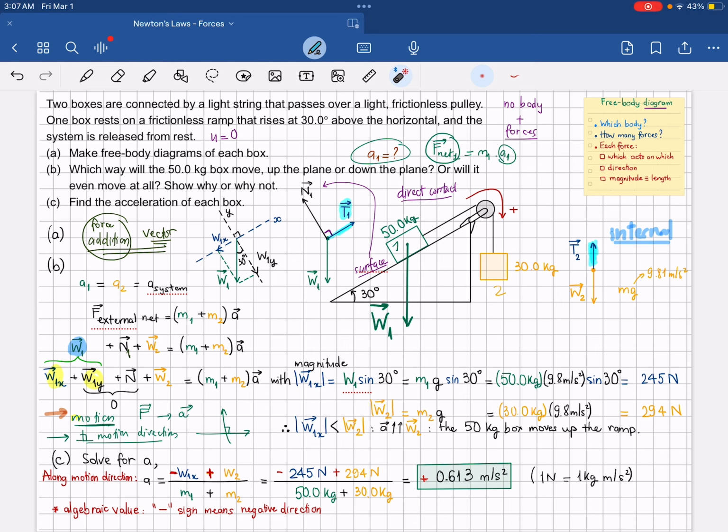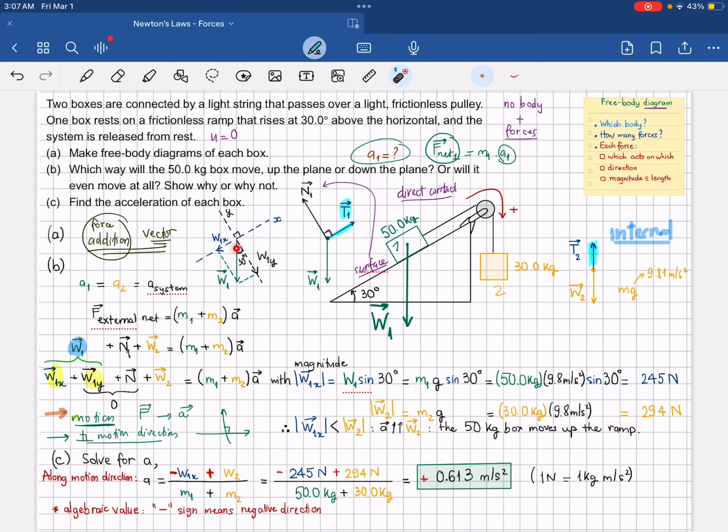So this is the motion direction. And then the other axis should be perpendicular to this one. That's why I choose X like this and then Y like this, and then by applying the vector addition. If you want to review vector addition, there will be another video about it.